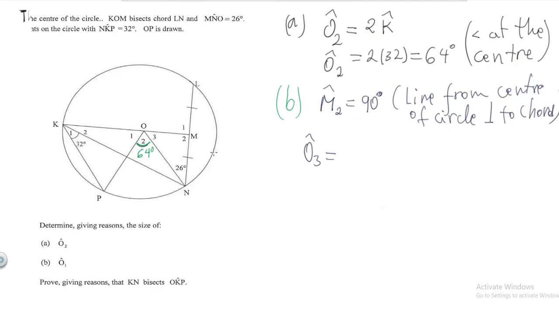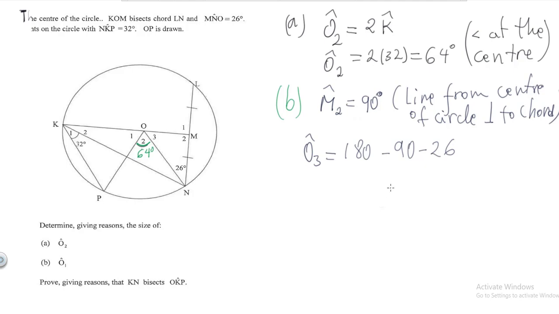Okay, as we have a 180, and for the triangle, we know that M2 plus N26 plus O3 should give us what? 180. So to get O3, we need 180 minus what? 90 degrees minus 26.